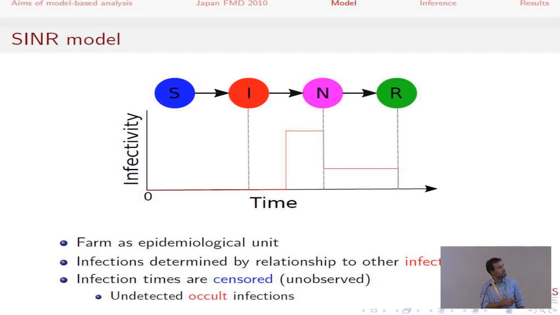Okay, and then at some point we detect that case, it becomes notified, subject to biosecurity containment, hopefully its infectiousness decreases, and then eventually we'd cull that farm and remove all the infection. Okay, so I consider the farm as the epidemiological unit. Infections are of course determined by the relationships between farms, between susceptible farms and infected farms, and to make the point that these infection times are censored, leading to this idea of occult or undetected infection.